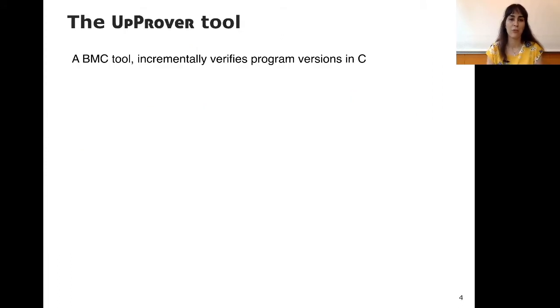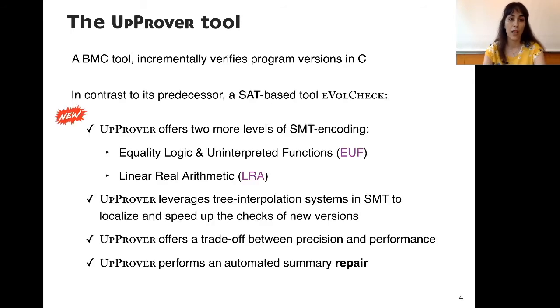So let me introduce Approver, which is a bounded model checking tool, which we are trying to incrementally verify program revisions written in C. In algorithmic level, Approver is similar to evolcheck, its predecessor, and actually it has several new features, which I'm going to list here.